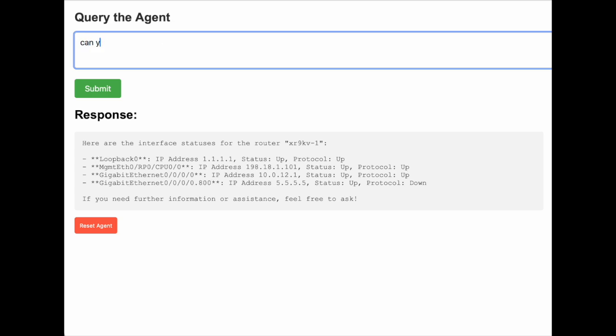Can you configure a sub interface with interface ID 0/0/0/1, the IP address is, mask.